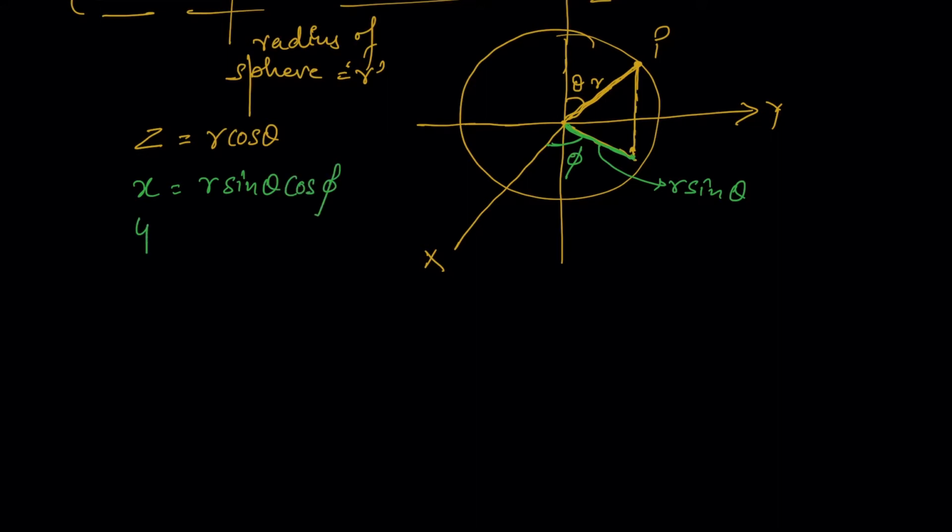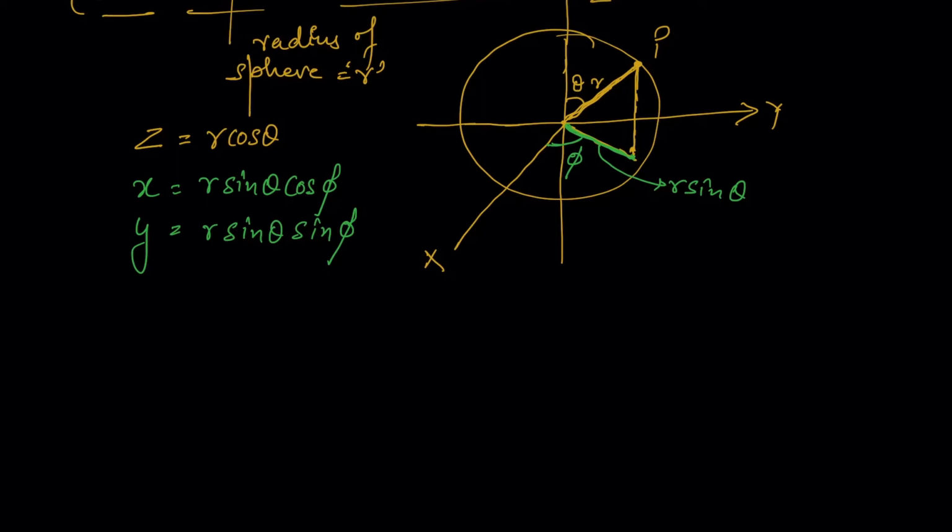And y will be r sin theta sin phi. I hope you understand how to write the coordinates in the spherical system. If we use these x, y, z in the rectangular coordinate system equation, we can get the spherical coordinate system equation. We are not going to derive that, but I'm writing the final equation for you.